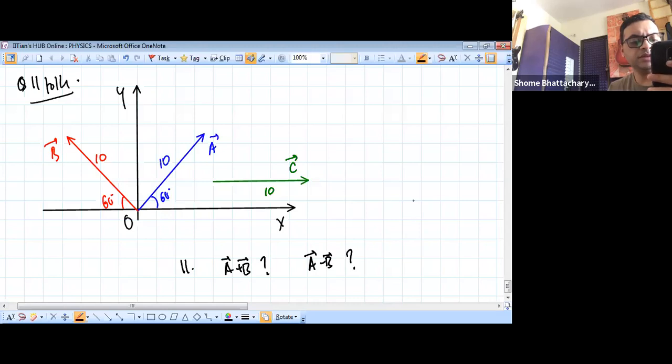Then similarly for the 12th question, you have to work out the magnitude of E plus B plus C. Similarly for the 13th question, it's very similar. You have to basically check the options. So these are all about solving these vectors.